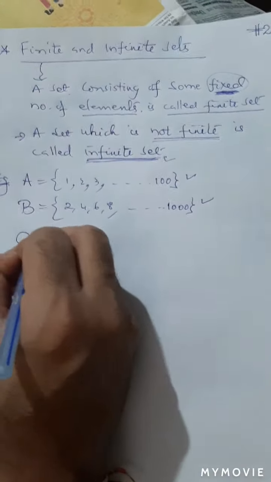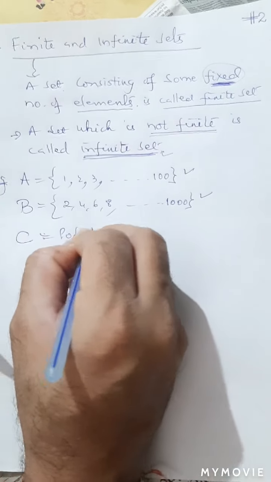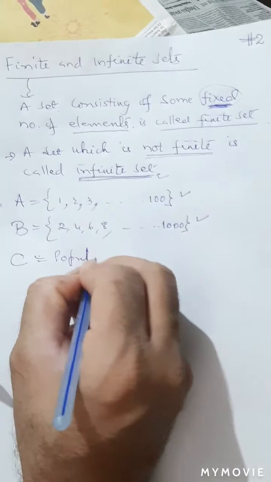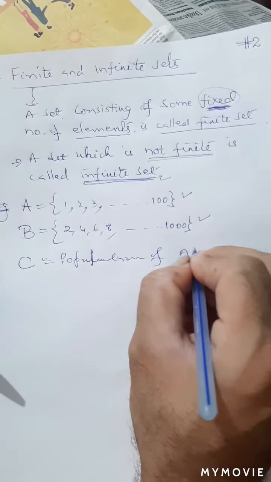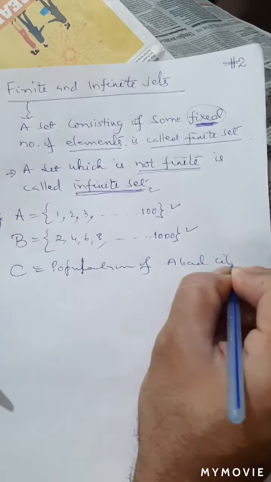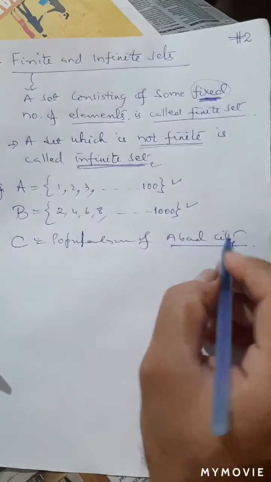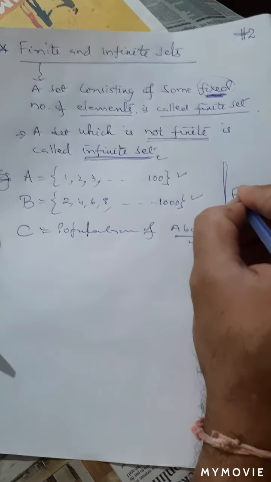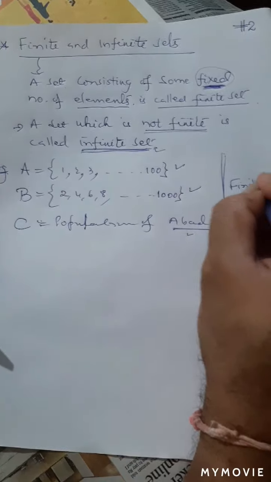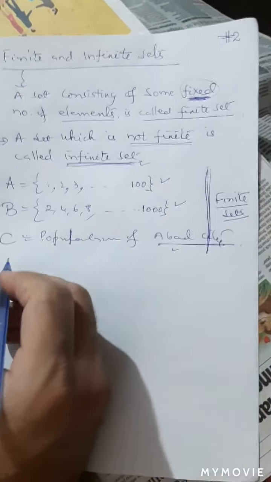If I take C equals the population of Ahmedabad city, this is also a finite set. So these three sets are finite. You can count the population of Ahmedabad city.